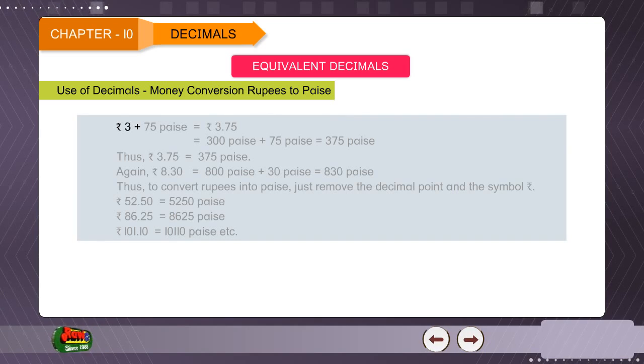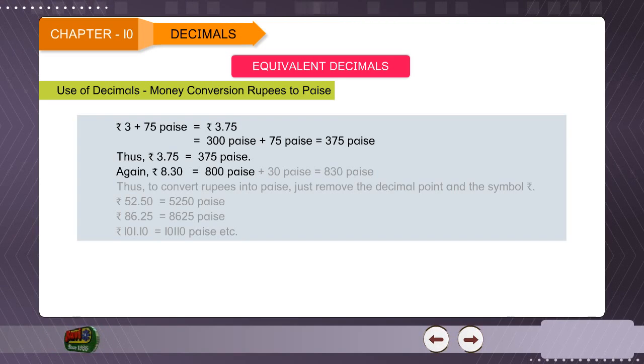Rupees 3 and 75 paise is equal to rupees 3.75, which is equal to 300 paise plus 75 paise, which is equal to 375 paise. Thus, rupees 3.75 is equal to 375 paise. Again, rupees 8.30 is equal to 800 paise plus 30 paise, which is equal to 830 paise.